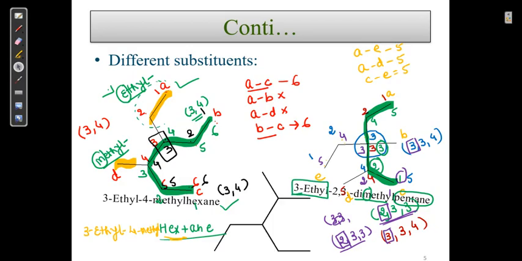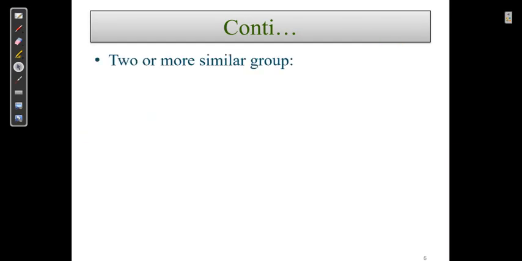Let us go to another name, so that you try for this one. Let us go ahead. 2 or more similar groups are there. Suppose I give the number 1, 2, 3, 4, 5 and 6.